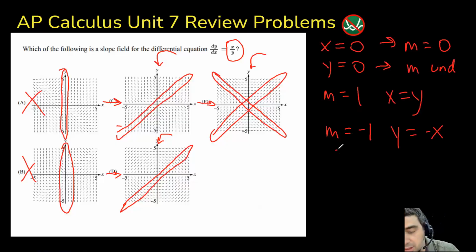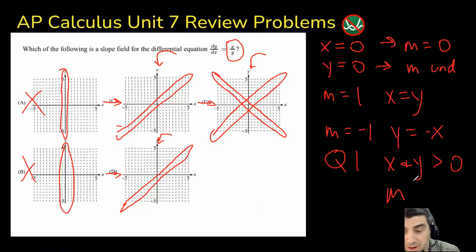Also, you can look at quadrant 1, where x and y are both greater than 0. So no matter what you do, x divided by y, the slope's going to be positive. So in all of quadrant 1, the slopes are positive. And you can go around the different quadrants and see the signs. For example, quadrant 2 is going to have all negative slopes because x is negative and y is positive, so when you divide them, you always get a negative.